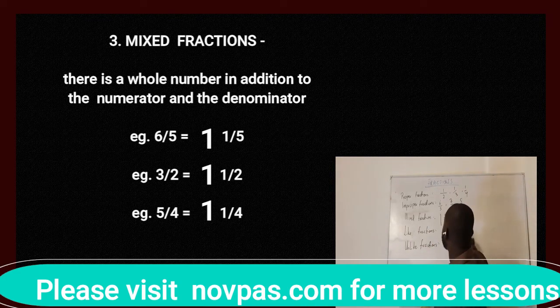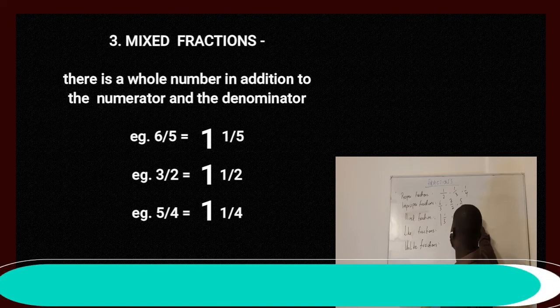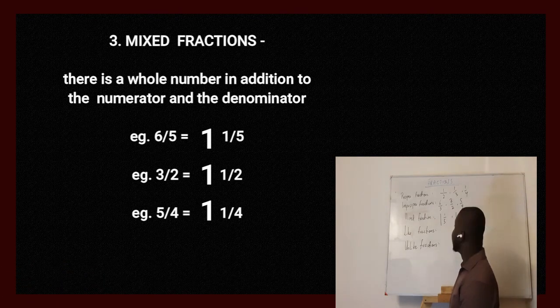So that would be one whole number, 1/5. 3/2 can also be converted to a mixed fraction. How will we do that? That would be 2/2 plus 1/2, that would be 1 and 1/2. 5/4, that would be 4/4 plus 1/4, making it a mixed fraction as well.